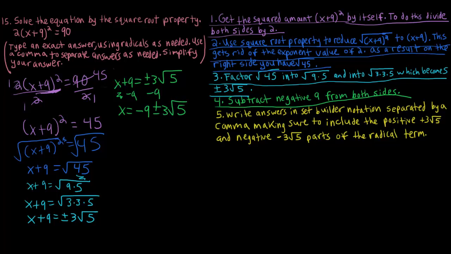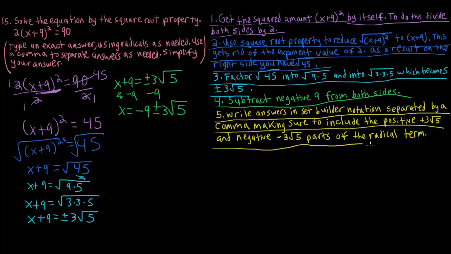And for step 5, we want to write the answers in set builder notation separated by a comma, making sure to include the positive 3 square root of 5 and the negative 3 square root of 5 parts of the radical term.